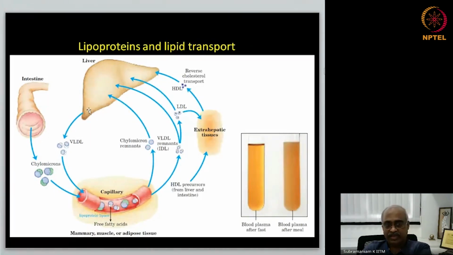So VLDL is carrying the lipid cargo produced from liver. This happens usually when you have high calorie diet, like carbohydrate rich diet, where the glucose available from it is more than necessary for all the organs to get their carbon skeleton and energy.